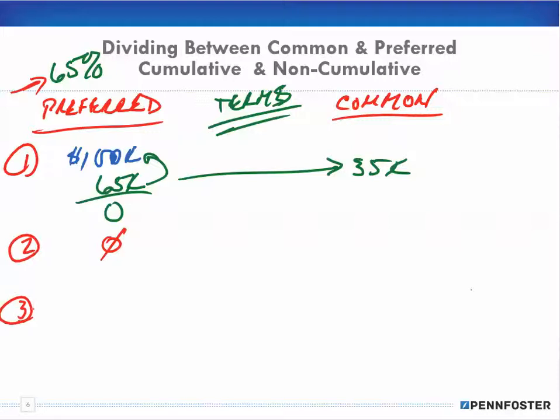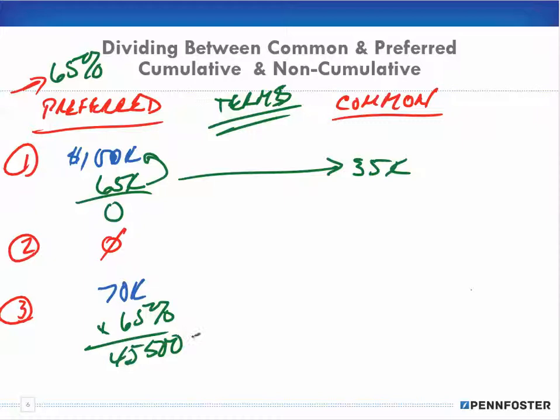Now we come into the third period, and let's say in the third period, $70,000 has been declared. Well, preferred is going to get 65% of that, right? So 65% of 70,000 is $45,500.